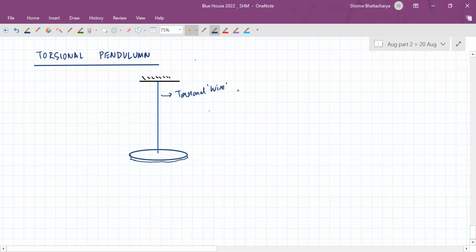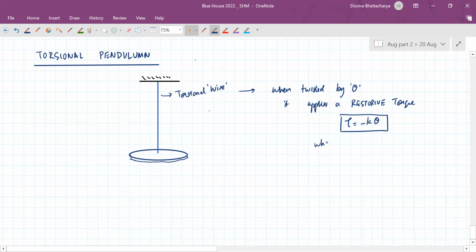So torsional wire, it has the property that when twisted or rotated, it applies a restorative torque, where K is what we call the torsional constant. Is a mechanical property.